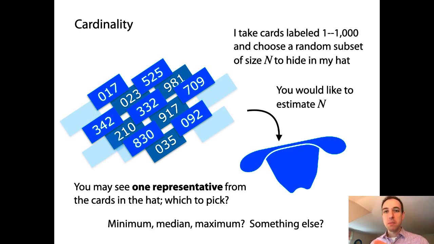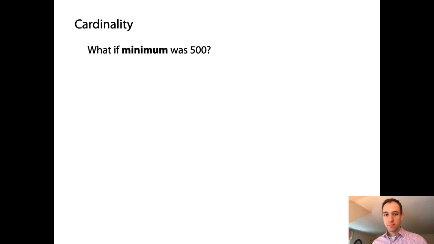Let's say we pick the minimum. So, in other words, your strategy is you'll ask me for what's the minimum among the cards in the hat. And let's just think through, remember the cards are labeled 1 to 1,000. So what would it tell you if the minimum was 500? Would you think that the number of cards in the hat was large or small? You should think that the number of cards in the hat is small, maybe quite small, like maybe 1. Maybe there's just 1 card.